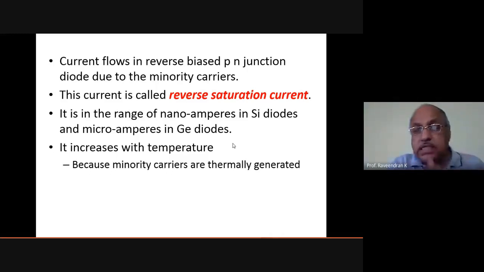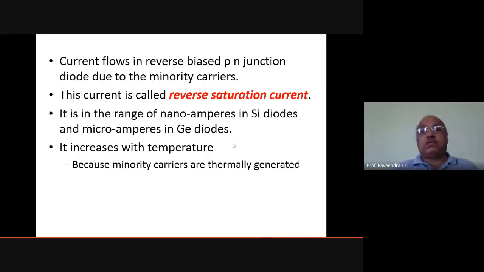For silicon it is of the order of nanoamperes. In the case of germanium, it is of the order of microamperes. And we saw how this reverse saturation current flows and crosses the junction, and that it is essentially minority carriers that are thermally generated.